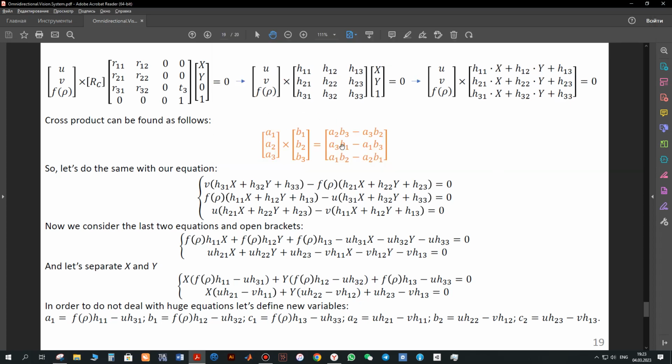Here is an example of how the cross product can be calculated. For example, firstly we take a2 multiplied by b3 minus a3 multiplied by b2. Similar to this example, we do it for our matrix.